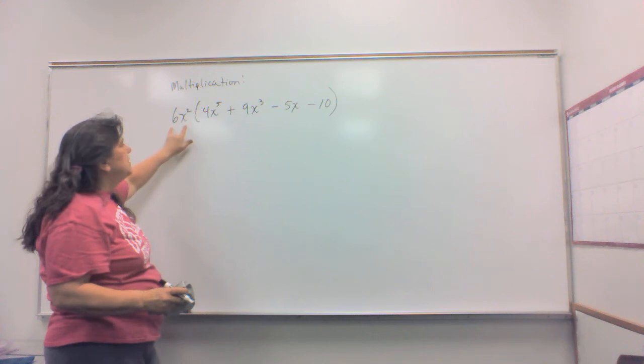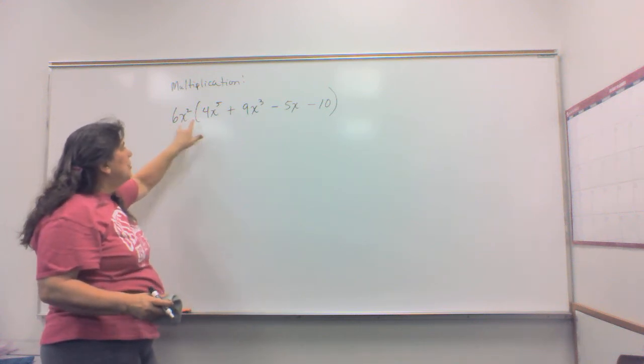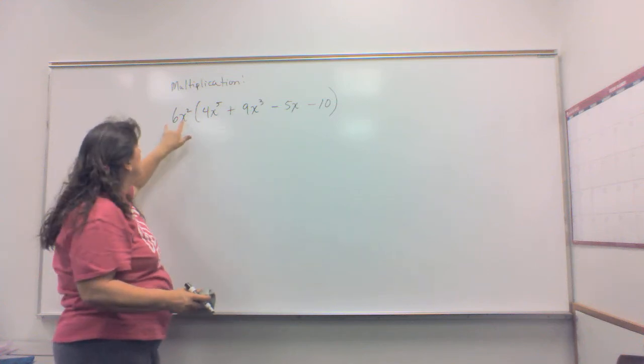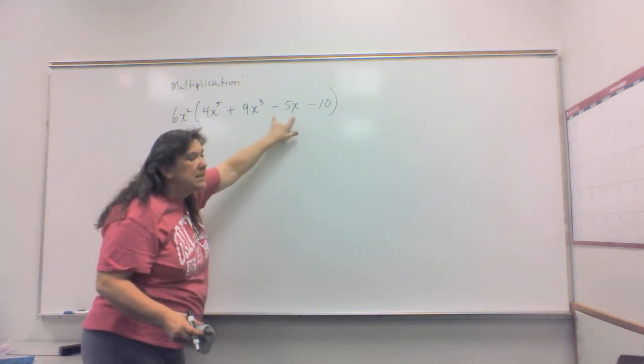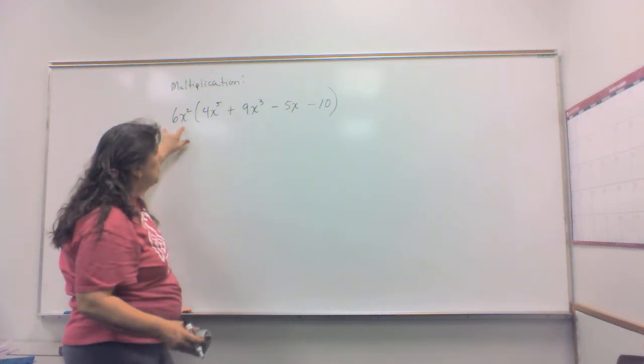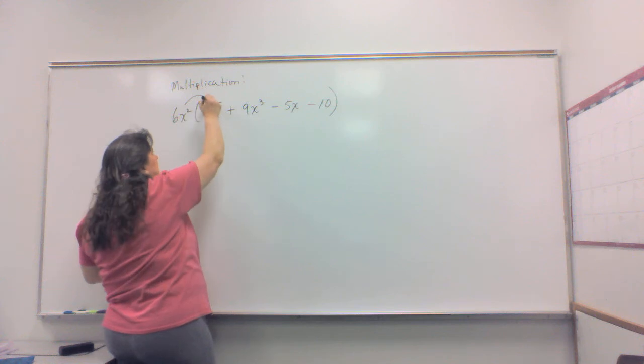Now you're dealing with a distributive property. And so you're going to be multiplying monomial times monomial, monomial times monomial, monomial times another monomial, and a monomial times another monomial.